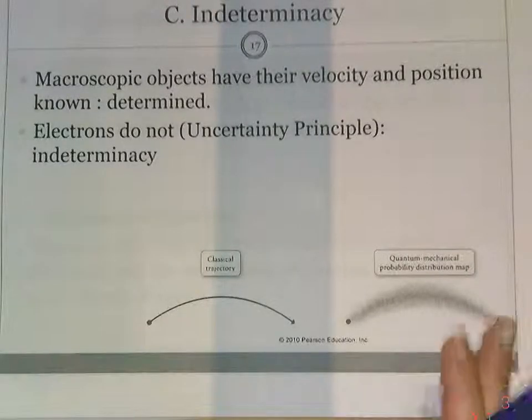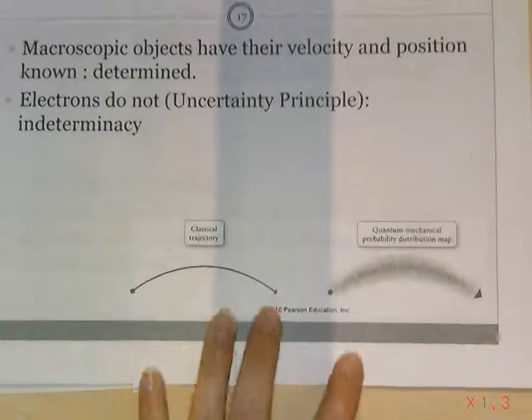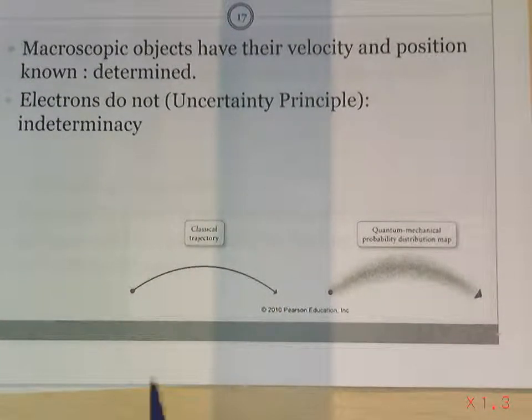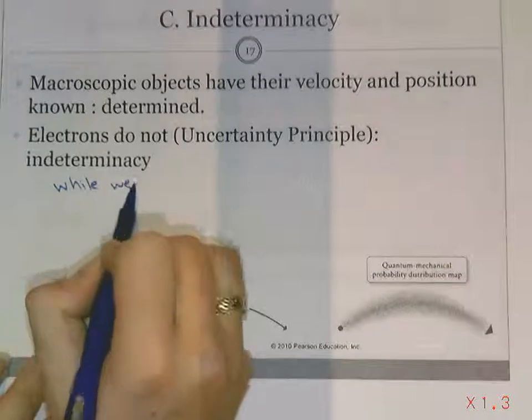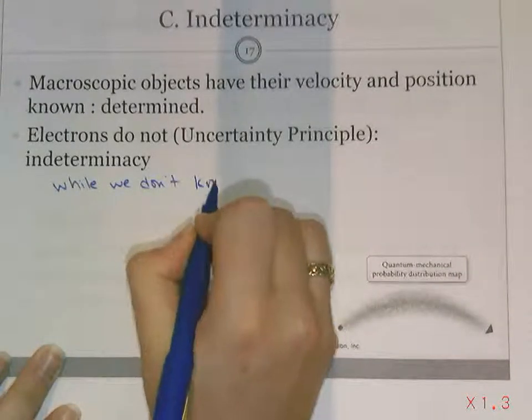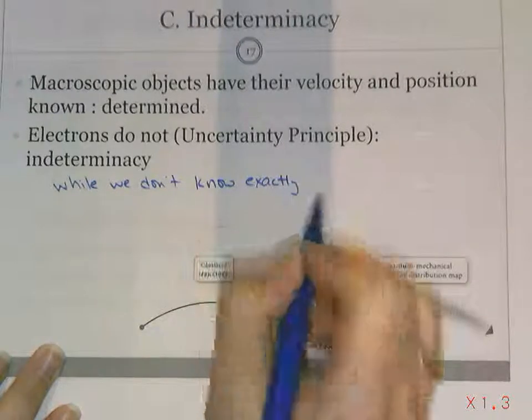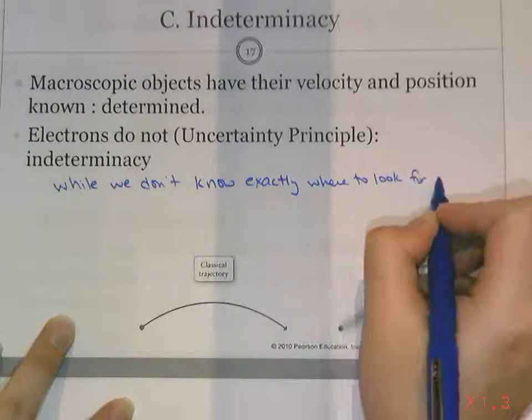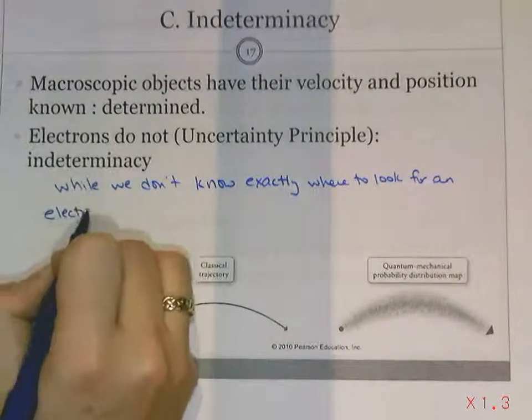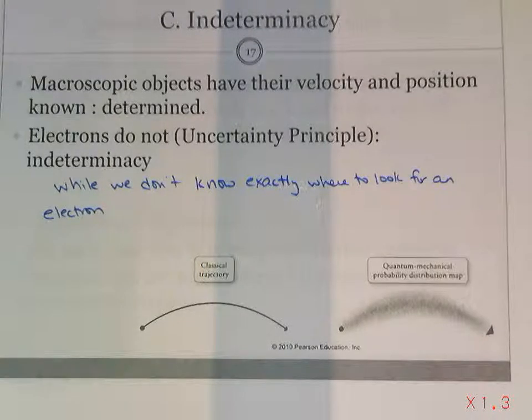So since by searching for the electron we don't know where it is, we think about it in a different way. While we don't know exactly where to look for the electron, we'll know in general where to look for it.